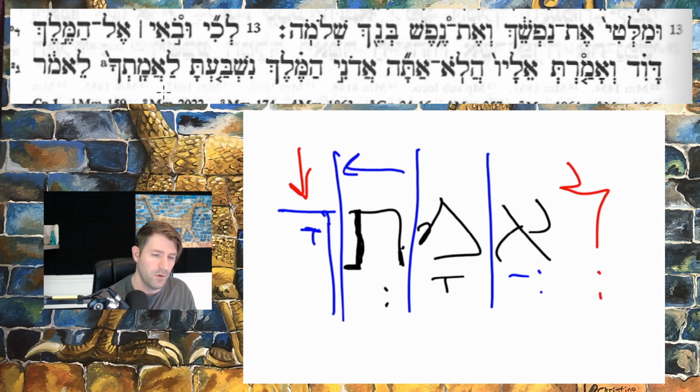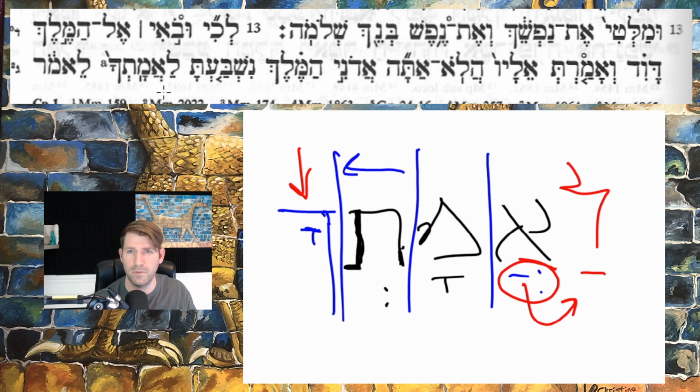So there's no patach to take over here. You're just trying to put that simple shva underneath the lamed. But we learned that if you have a composite shva here, that vowel will echo back. And that's what it does.